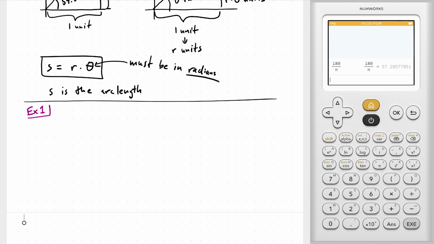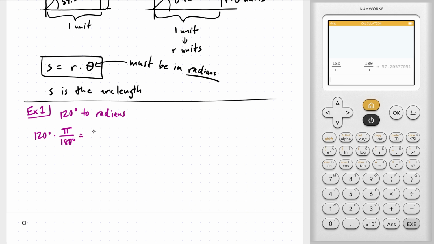All right, example number 1 is convert 120 degrees to radians. Okay, so pretty simple. We know the formula. And so we say 120 degrees times pi over 180 degrees.